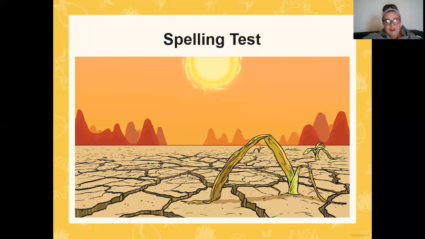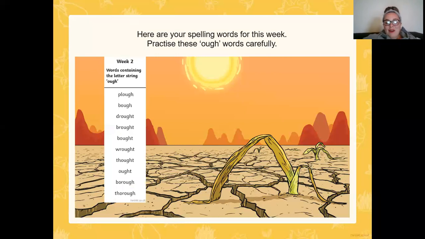After thought, there was ought. Just check and see who's paying attention. And we'll put those spellings up for you there. Plough, bough, drought, brought, bought, wrought, thought, ought, borough, and thorough. How did you do?